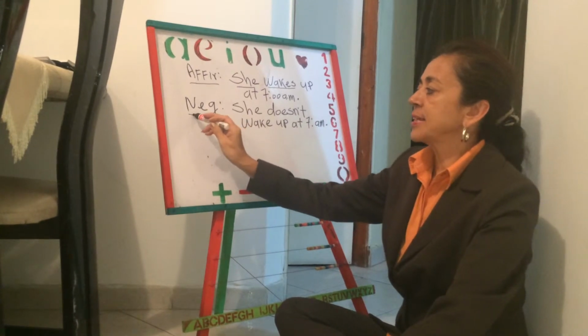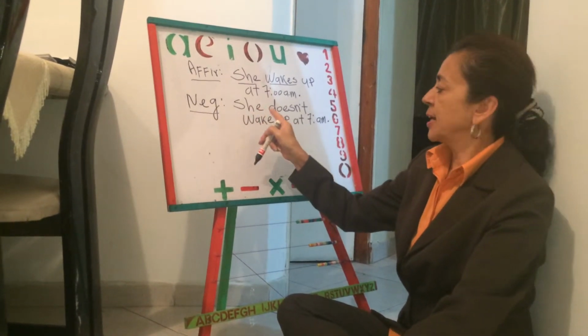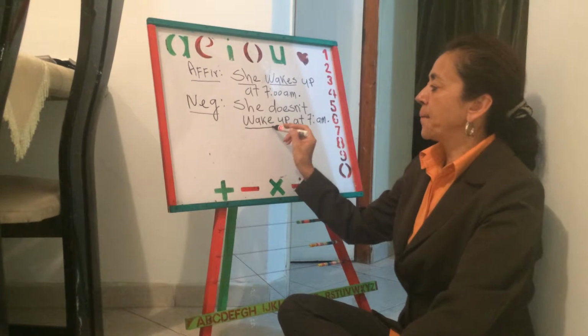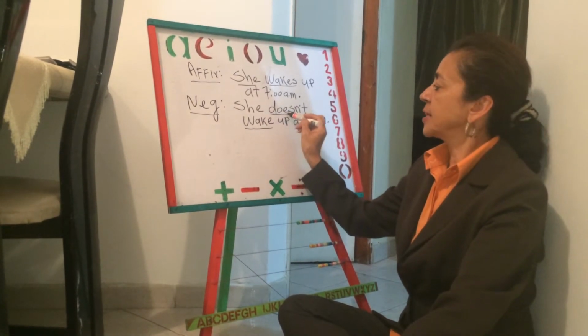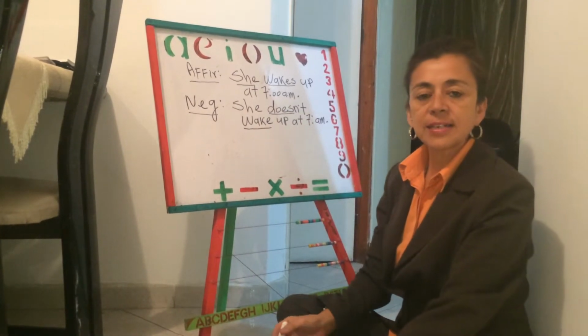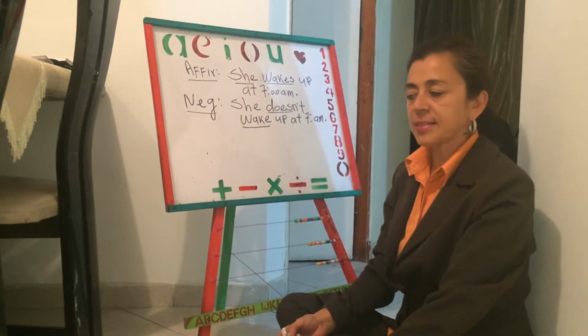In the negative sentence, we do not use the S in the verb because the auxiliary does has the S already.